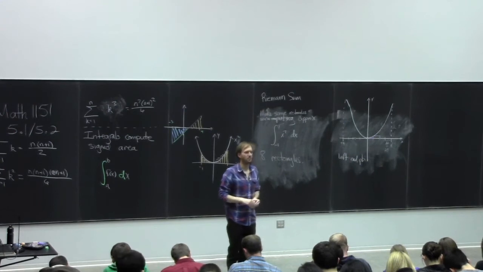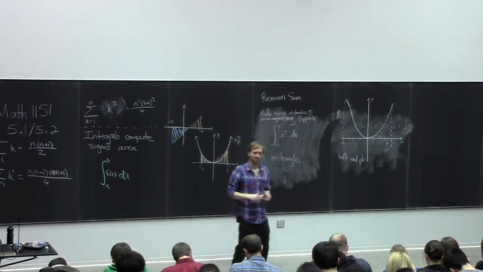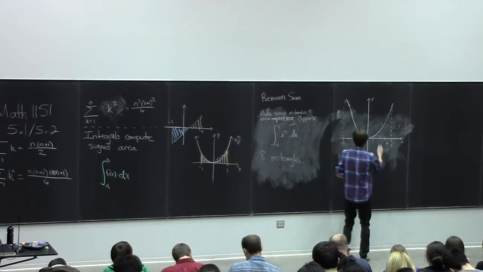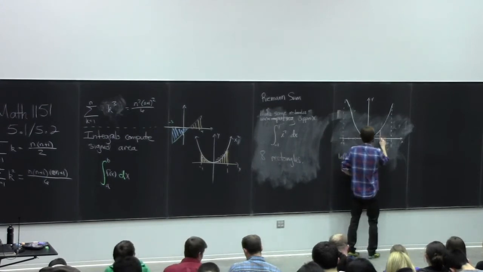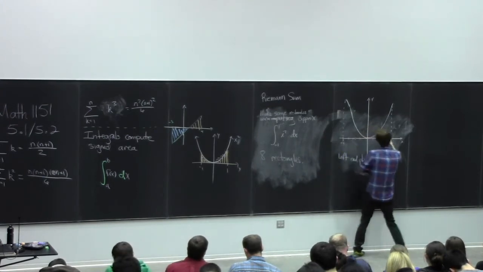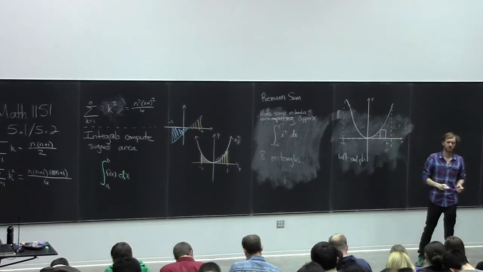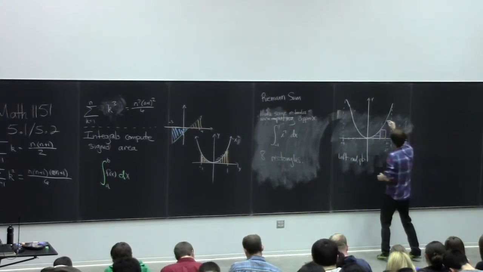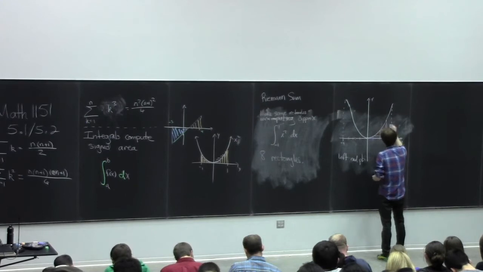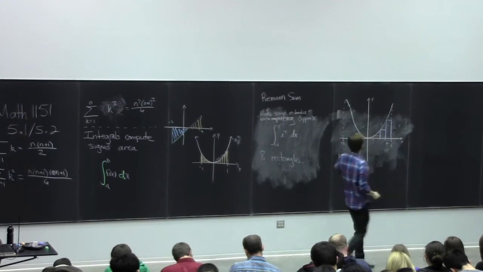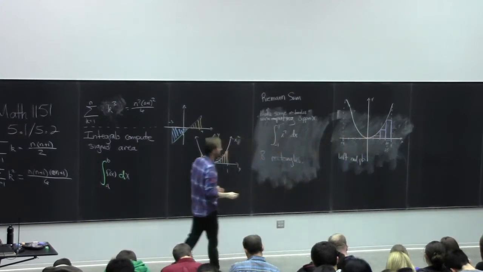I couldn't solve the problem if I didn't draw a picture. Left endpoint, there's my left endpoint touching the curve. Another left endpoint touching the curve. Those are my beautiful rectangles.